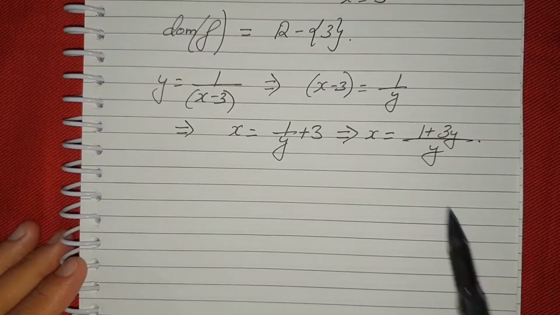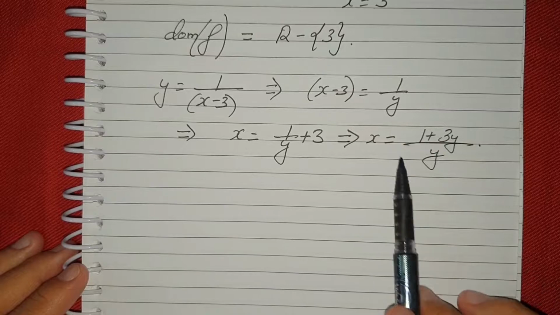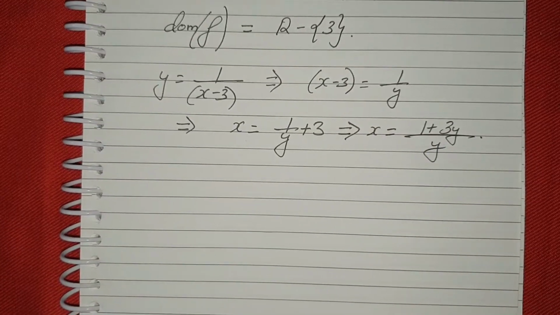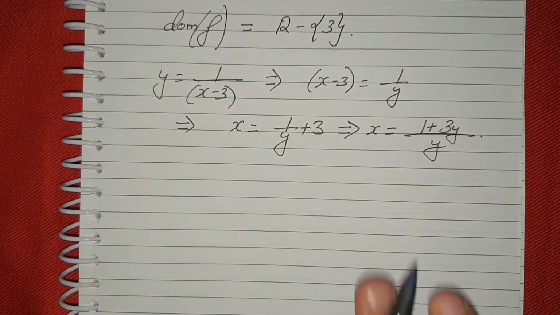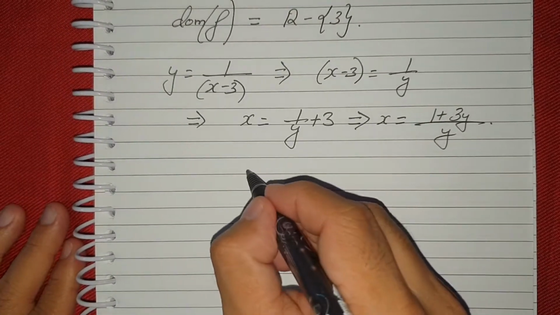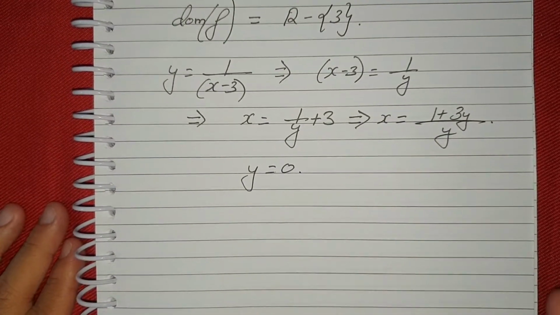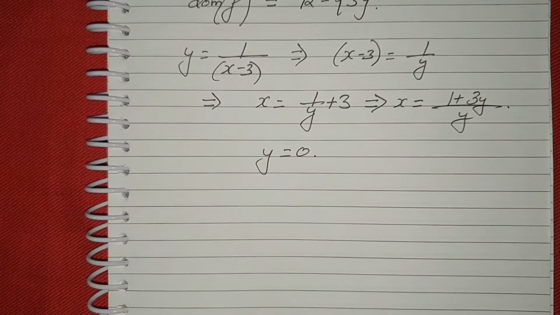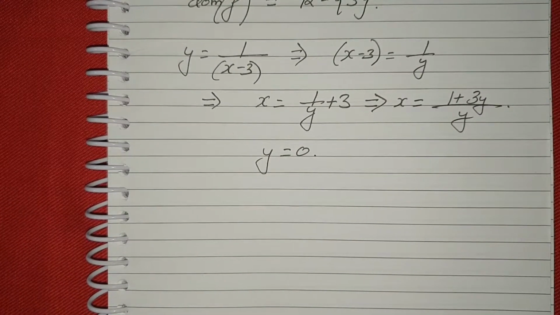Now again, this is a rational function, and it is not defined when y becomes 0. So x is not defined when y equals 0. So what is the range? Range is the values of y.